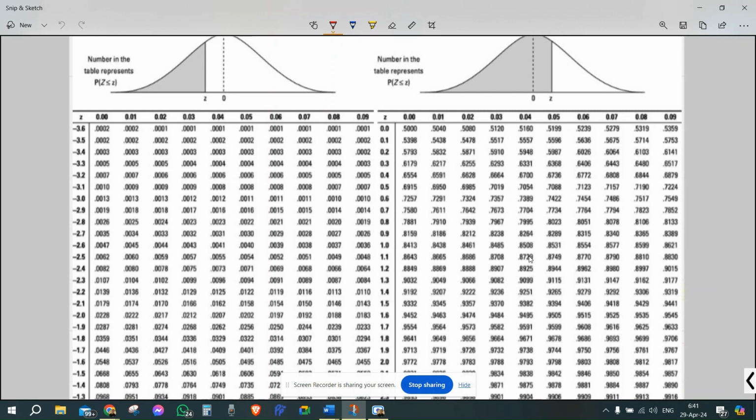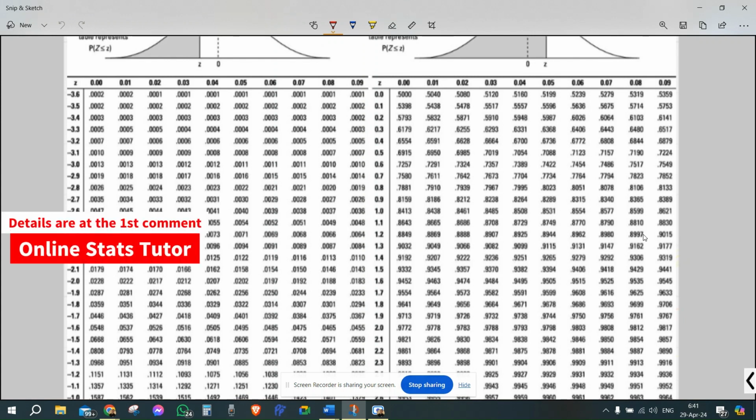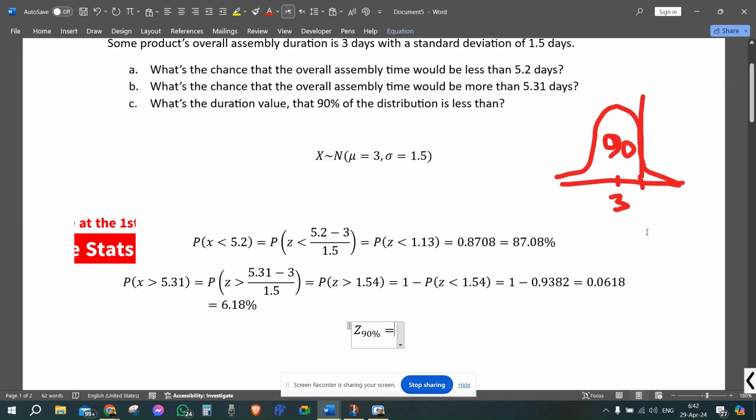Here we're expecting a value that is greater than 50%. So we're going to look for 90%. We're just going to scan with our eyes, and we can see that we have 1.28. That'll be the value that we're looking for. You see, because here it's 89.97%. So that's very close to 90%. If we want to be even more accurate, we can say that it's 1.282, but you can go as accurate as you like. So we're going to assume this is 1.28.